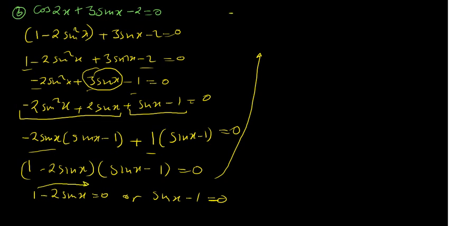So I'm going to have negative 2 sin x is equal to negative 1. So I'll divide by negative 2, and I'll remain with sin x is equal to 1 over 2. And then the other one, if I take the 1 over to the other side, sin x is equal to positive 1.